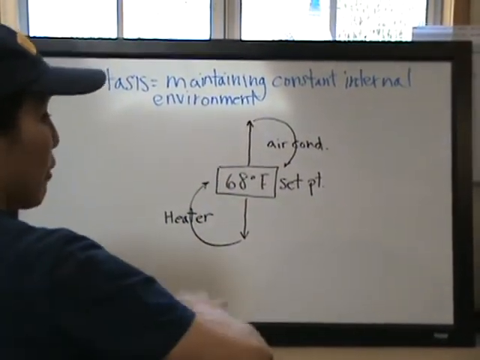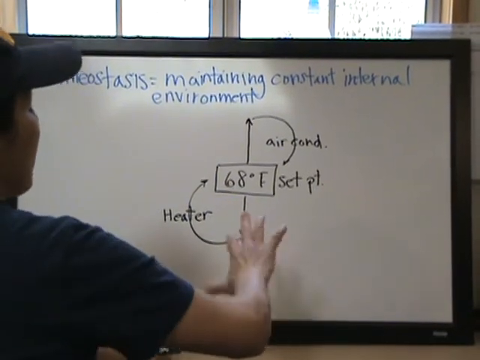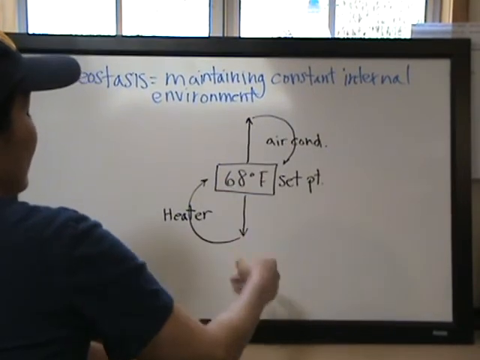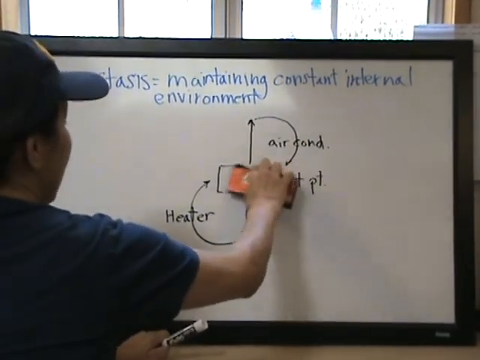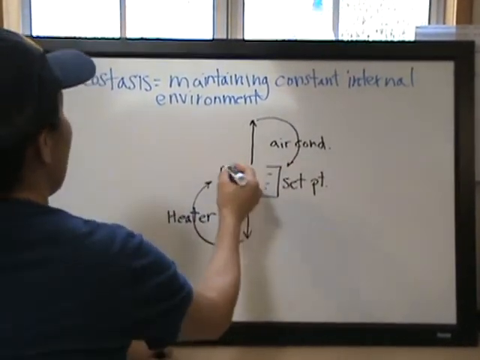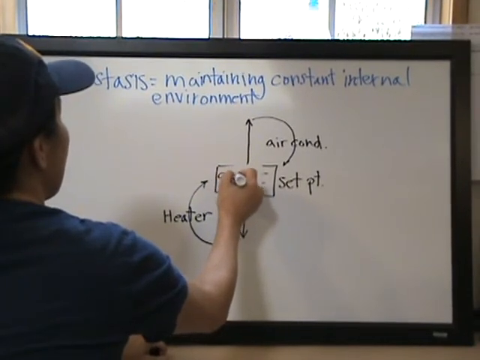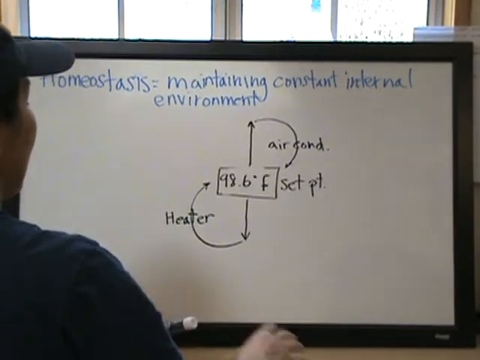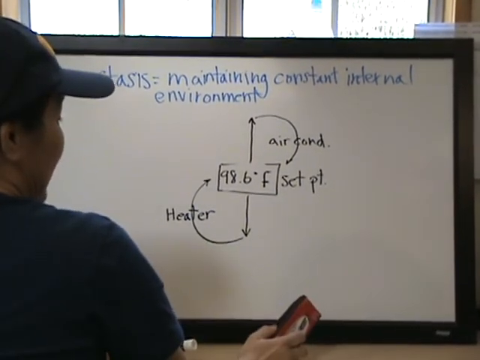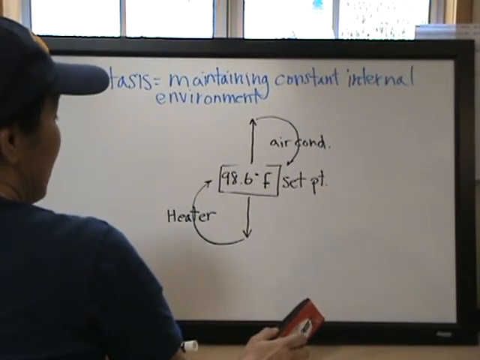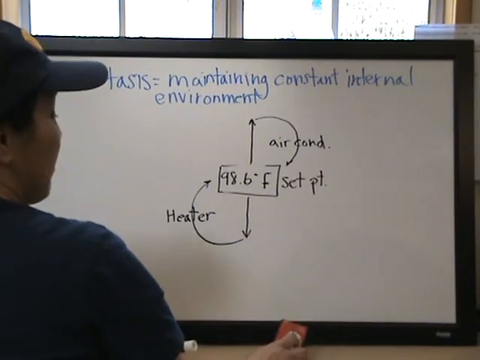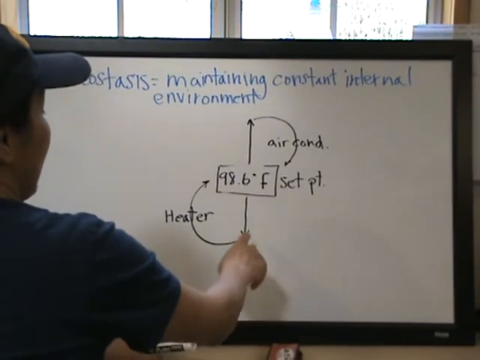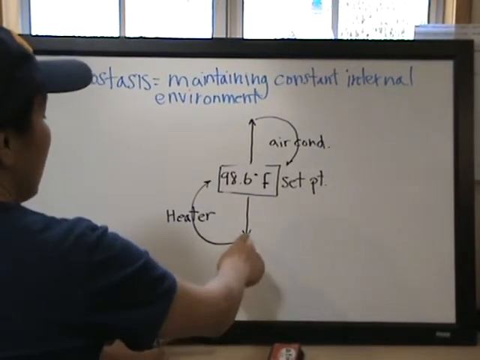Throughout the semester, we're going to talk about many different ways that this occurs. If we take a look at ourselves, our set point is 98.6. Let's say we're back east right now, it's winter, and it's 20 below. We go outside, and our body temperatures begin to drop. What kicks on?